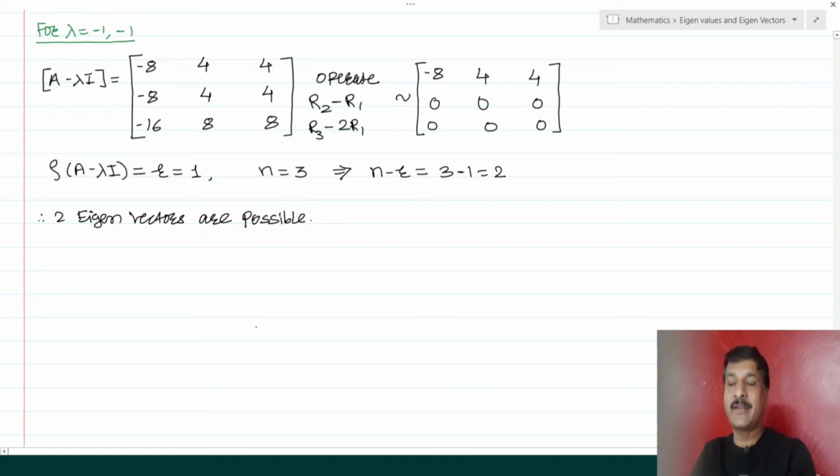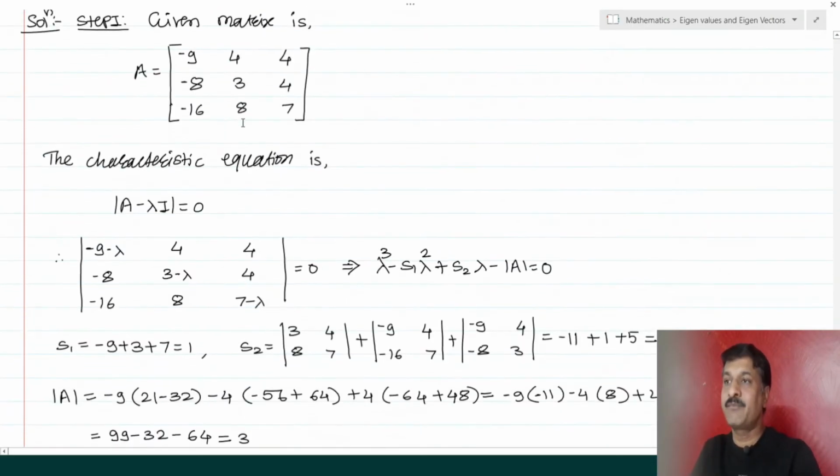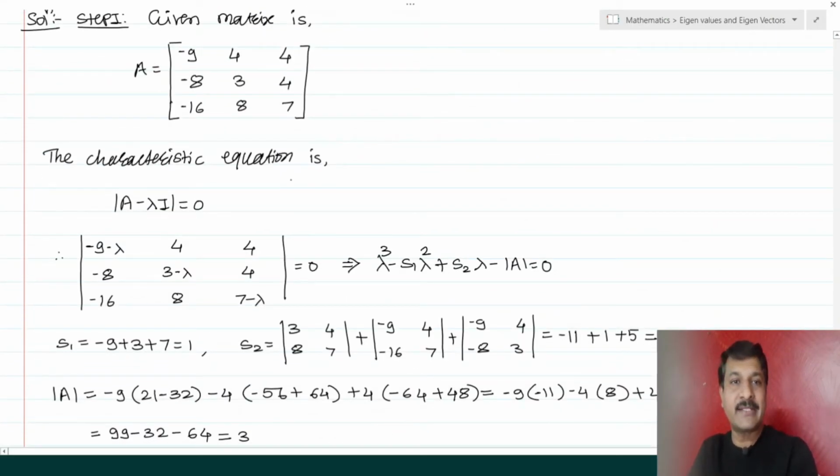So how to find them? A very simple way: check whether the given matrix is symmetric or unsymmetric. The first row is minus 9, 4, 4 and the first column is not minus 9, 4, 4. It means that the given matrix is not symmetric.